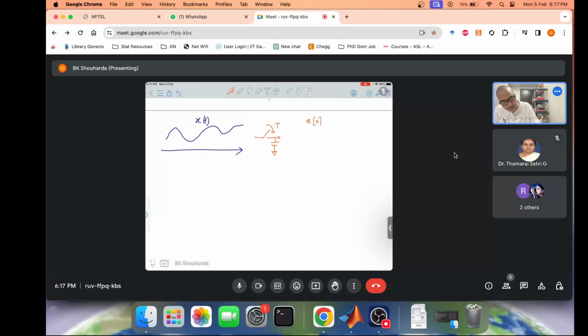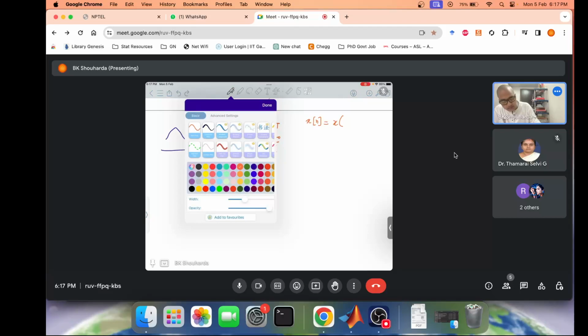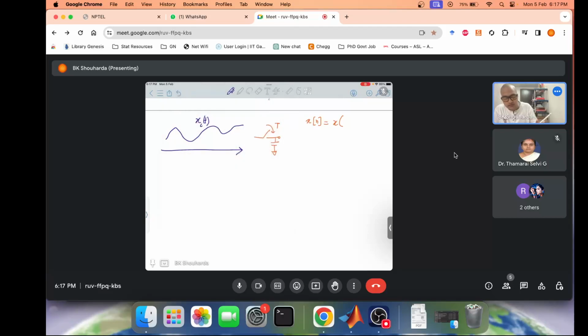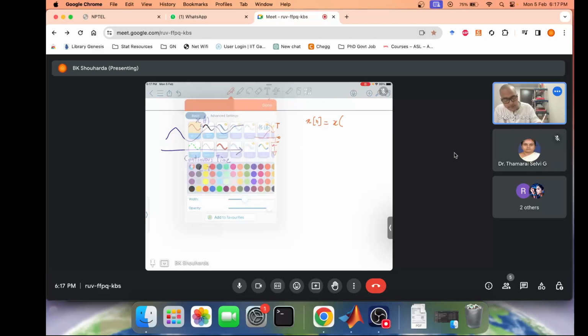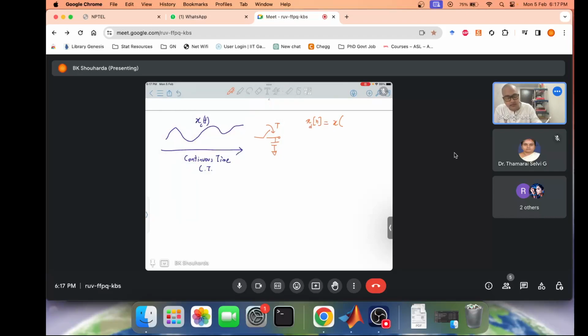So x of n is actually x of c of t, c denoting the continuous time signal. So this is continuous time or ct. And when we move to discrete time, how do we get it? x of discrete time xd of n is xc of nT.